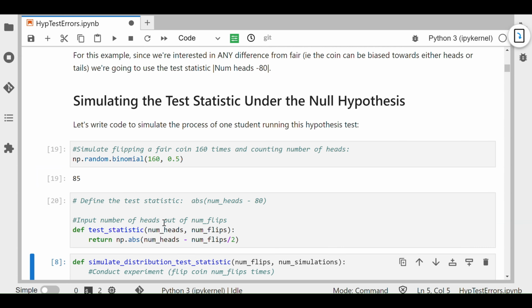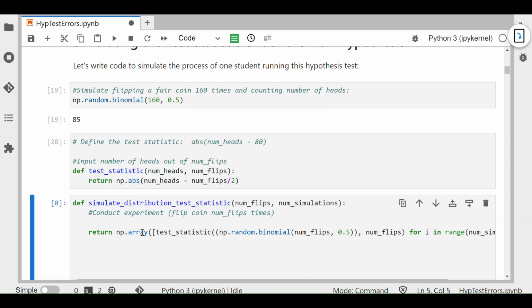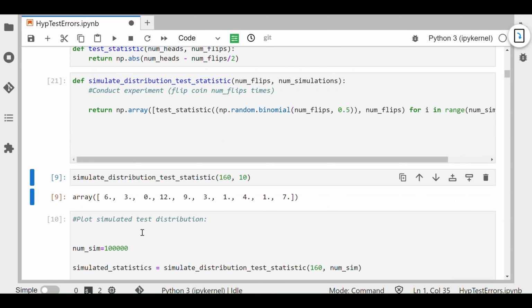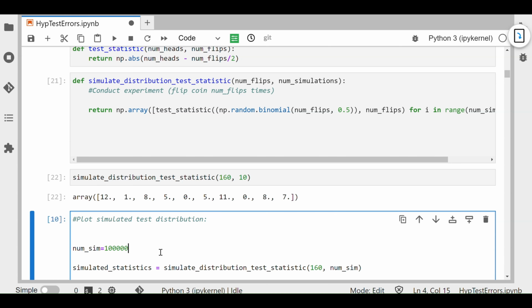Let's simulate some p-values here. Here's our test statistic, and I can simulate my distribution of the test statistic. Let me just do it for 10 flips. Again, these numbers are absolute values from 80. So this, for example, was either 12 above or 12 below 80, and 1 above or 1 below 80.